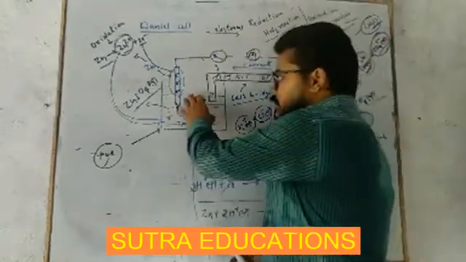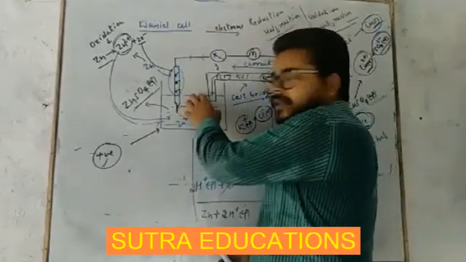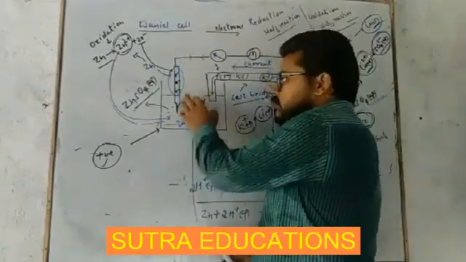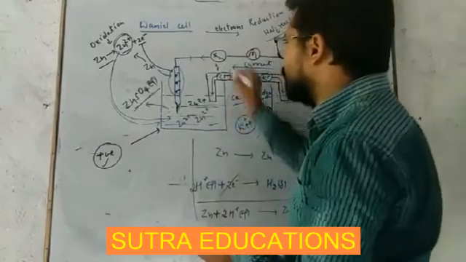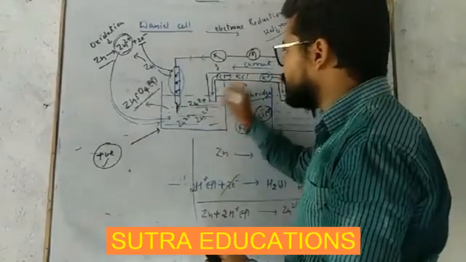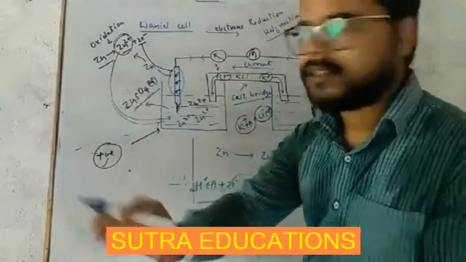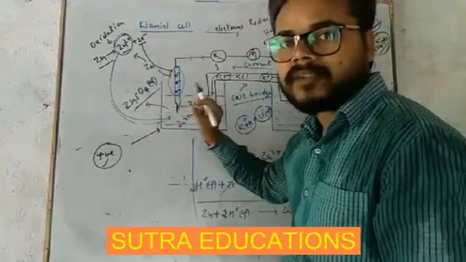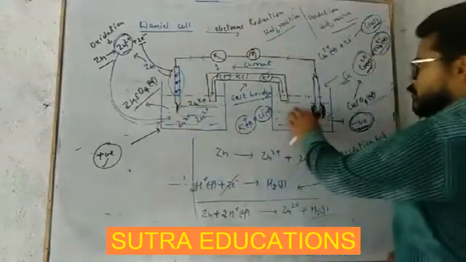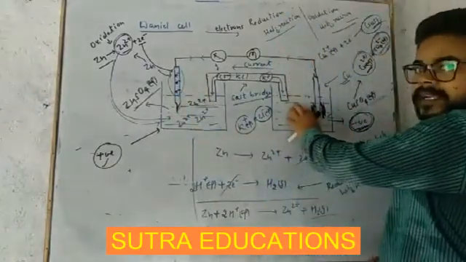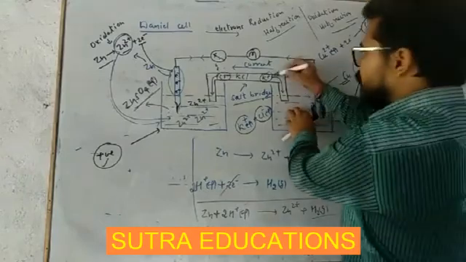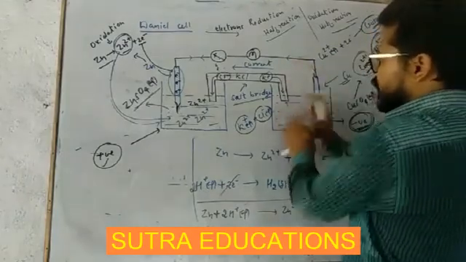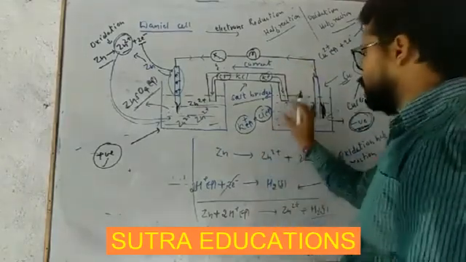Initially the concentration of Zn2+ was more here, meaning the concentration of positive charge was more here. So if Cl- comes here, then the plus charge will be countered by the minus charge, and it will come back to its normal position. Here I told you negative charge is more, so K+ will come here, and K+ and the negative charge will both get neutralized.